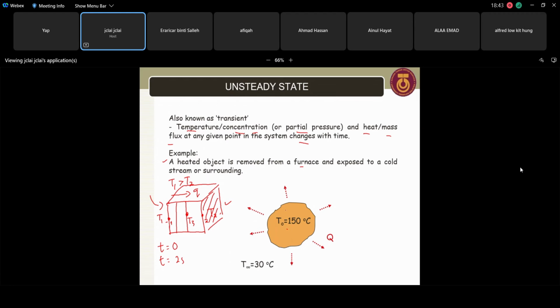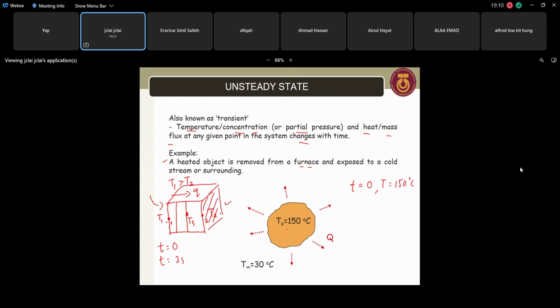At the time when we take it out from the furnace, we start the stopwatch. So when we start the stopwatch, t equals 0. At that point, the temperature of the object is 150 degrees Celsius.